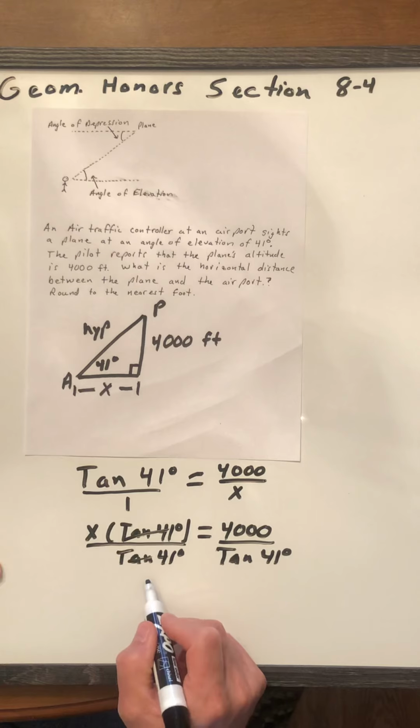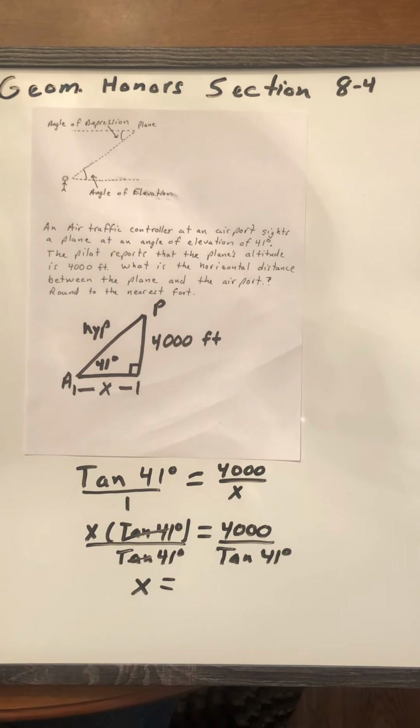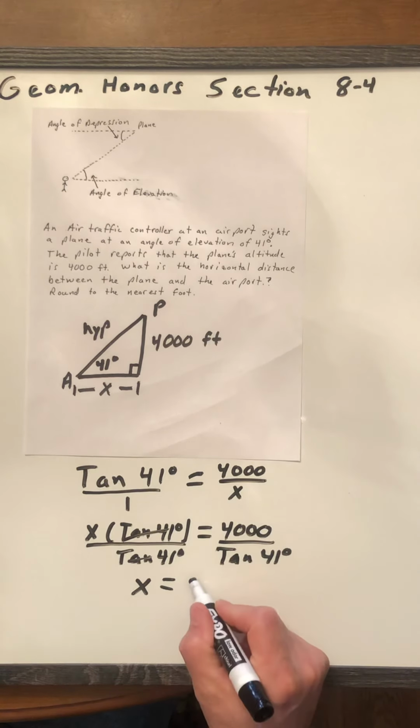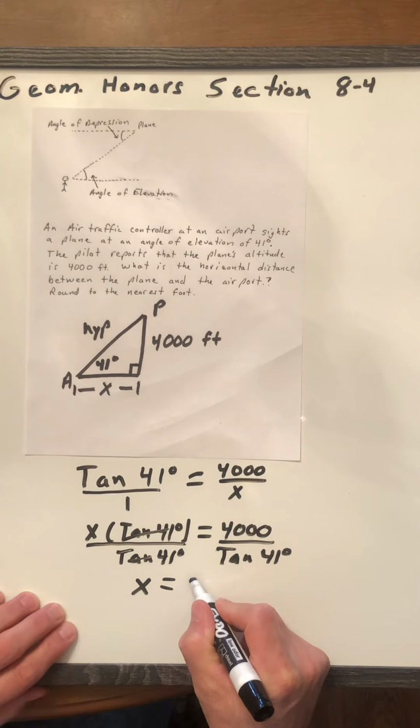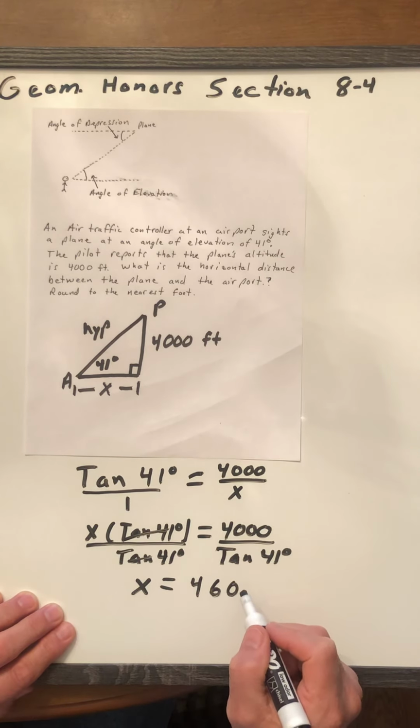I get x equals, and now you would have to use your calculator again. We're going to punch in 4,000, then hit the divide symbol, then hit our tangent button, and then 41 degrees. Then we hit enter or equal, and we end up with 4,601.47.